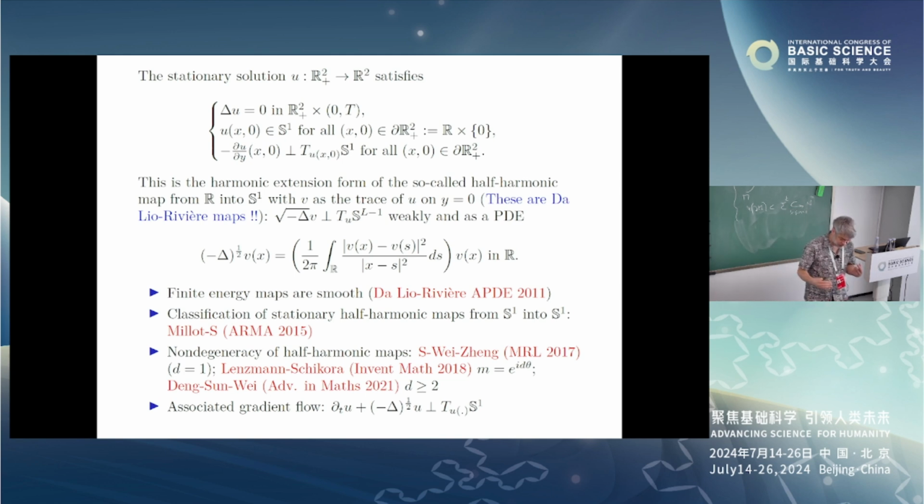But what I would like to emphasize is this correspondence, because it's very useful to understand some problems which are global in nature, like Steklov type problems. One thing that is also interesting is that those maps, let me call them half harmonic maps, half because of the half here.